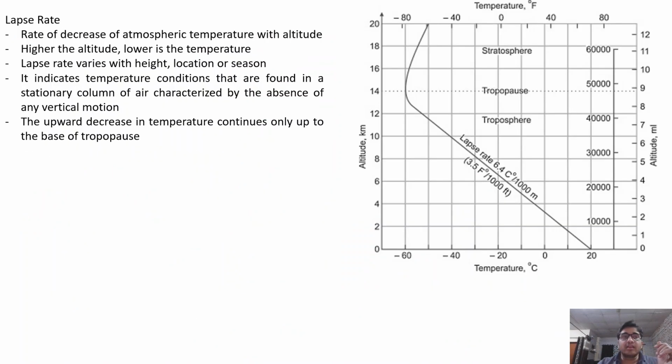Okay, so this change in the temperature with height or altitude is called the lapse rate. And how is lapse rate defined? It is basically the rate of decrease of atmospheric temperature with altitude. But when we say this decrease of atmospheric temperature, please be careful that we are talking specifically about the troposphere.